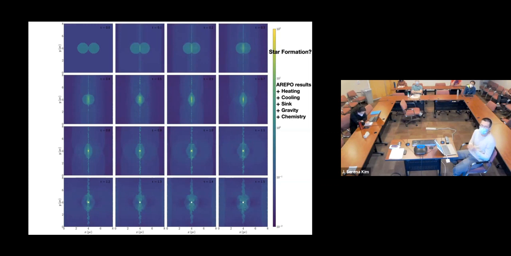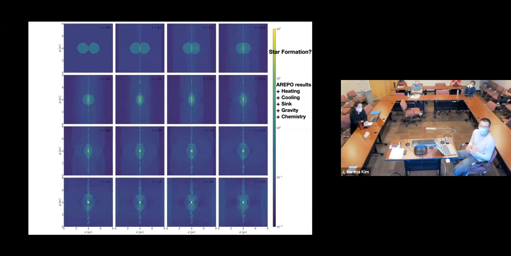It has the ability to include heating, cooling, and sink formation, and also chemistry, cosmic rays, etc. So we're trying to trace the realistic process of this mechanism.